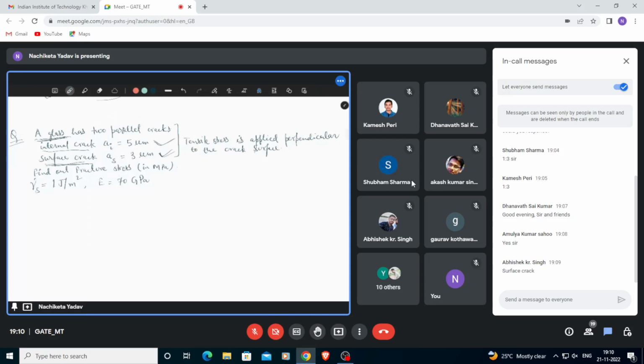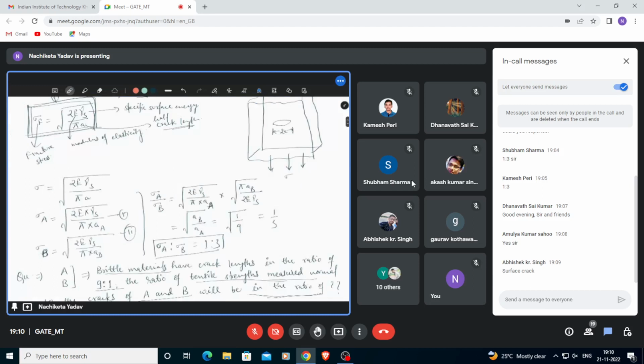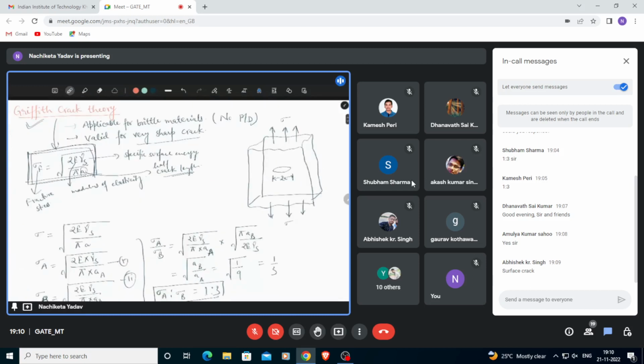As we know, this is for internal crack. It is embedded in the steel or in the matrix. So this is half crack length.